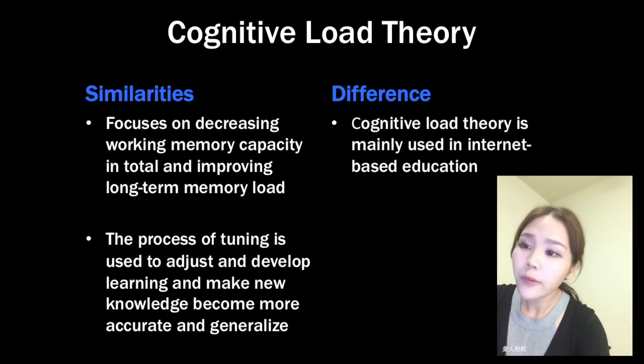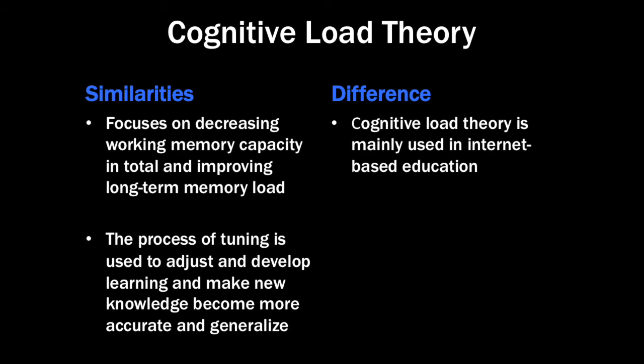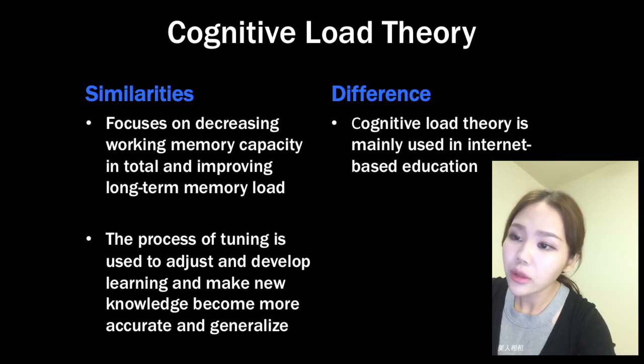Also, compared with the modes of learning, there are some related or similar theories. This theory focuses on the methods and ways of decreasing working memory capacity in total and improving long-term memory load. Similar to these theories, the process of turning is used to develop learning and make new knowledge more accurate and generalized.